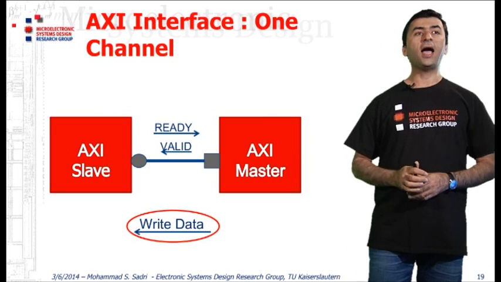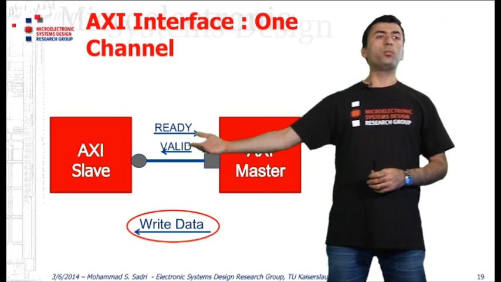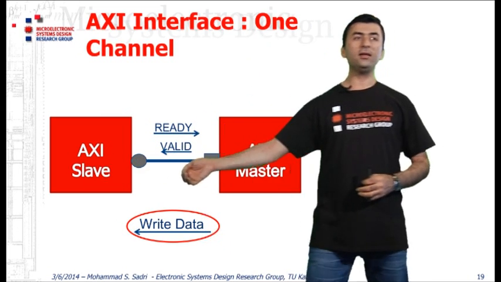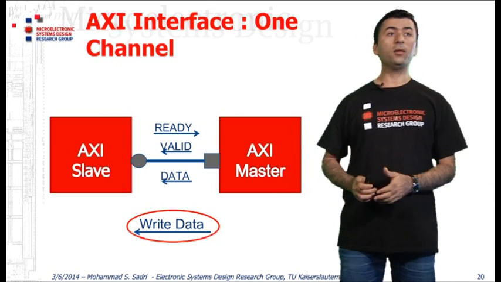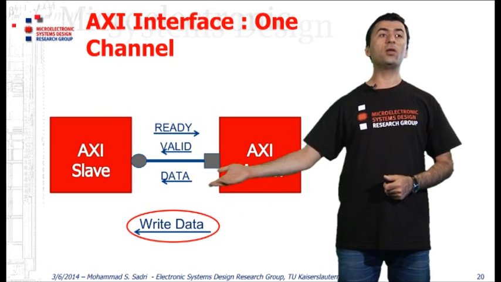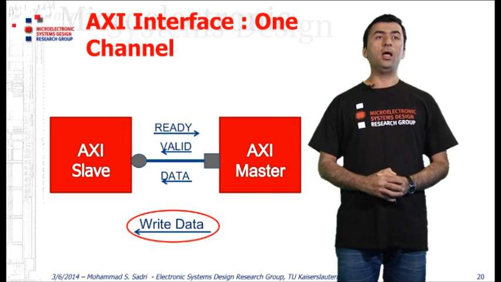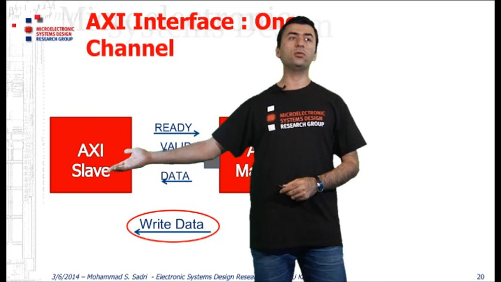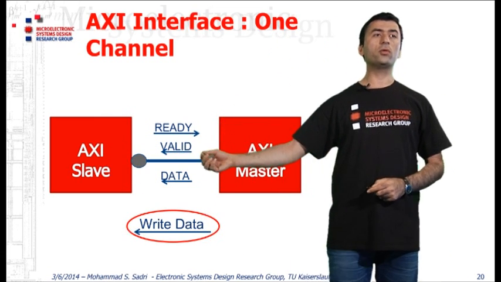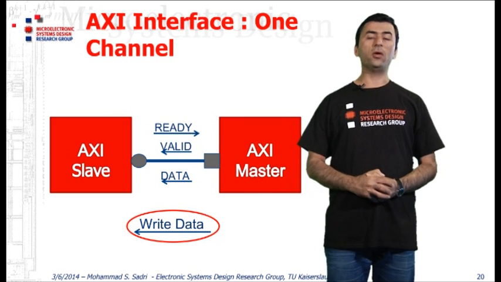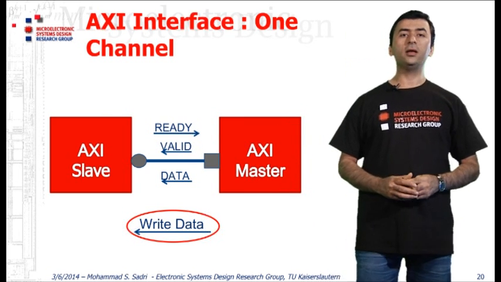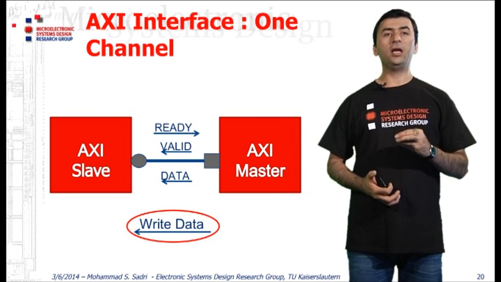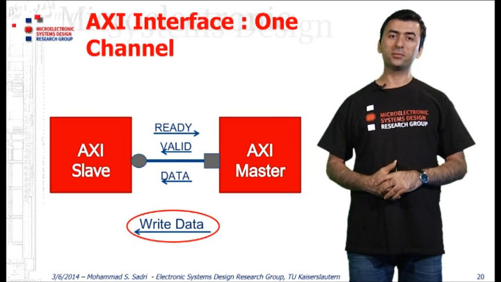Second, the AXI master sends a valid signal to the AXI slave indicating that the data that I am sending to you is now valid data. So, whenever the AXI master is transferring valid data to the AXI slave, it also enables the valid signal.